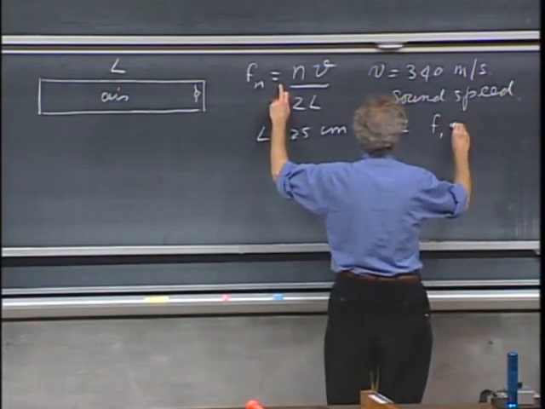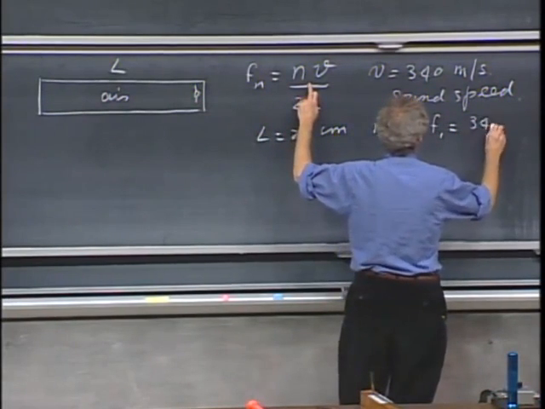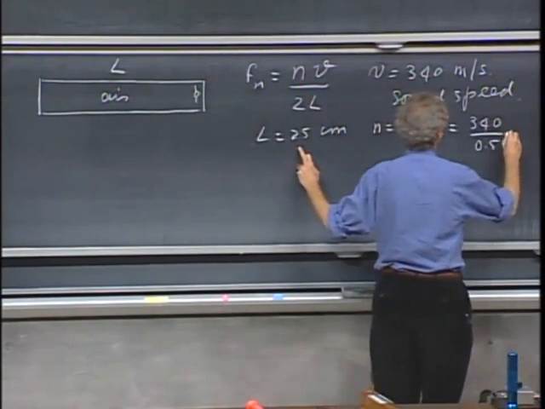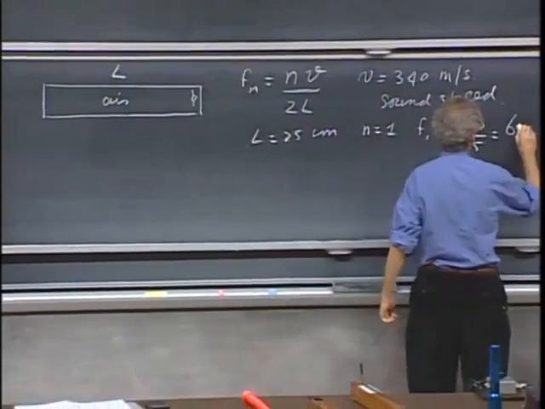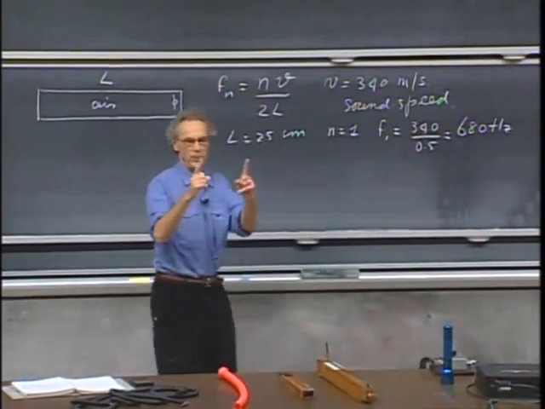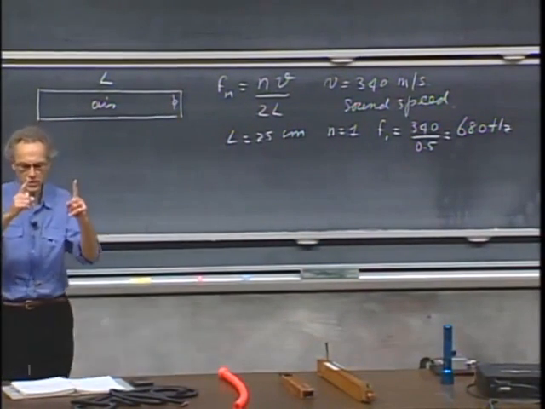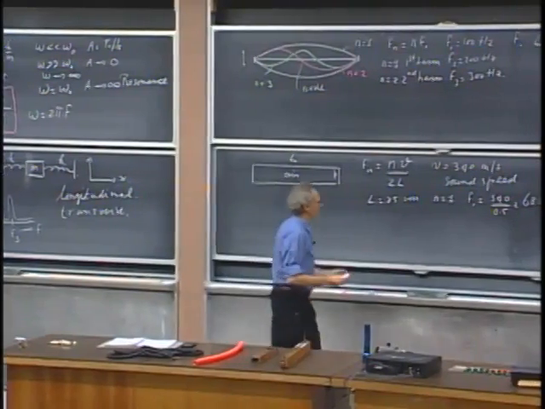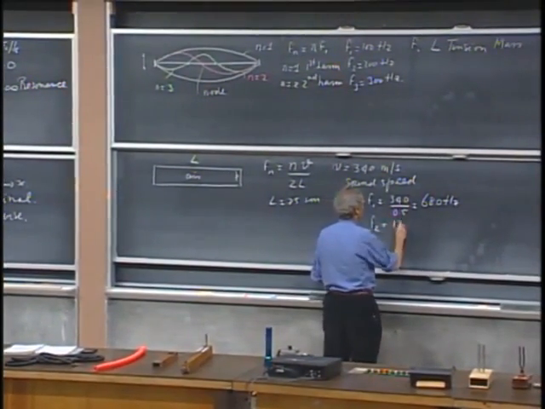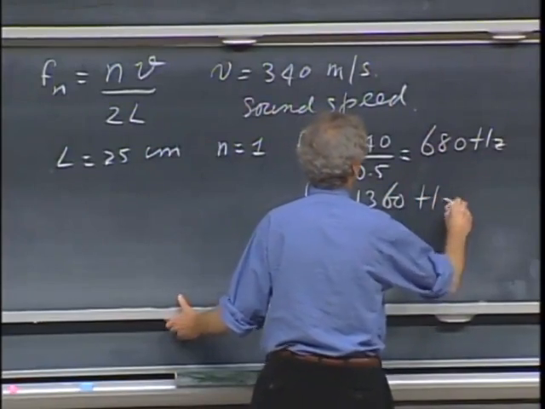So the frequency that we would get equals 340 divided by 2L, which is 0.5 in meters. And so that gives me 680 hertz. So that would be this big, would give you 680 hertz. But the second harmonic, f2, will be double that. So it will be 1360 hertz, and so on.